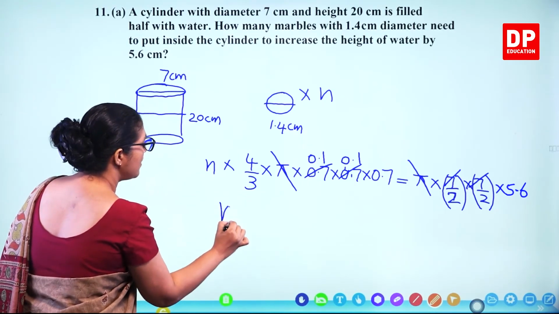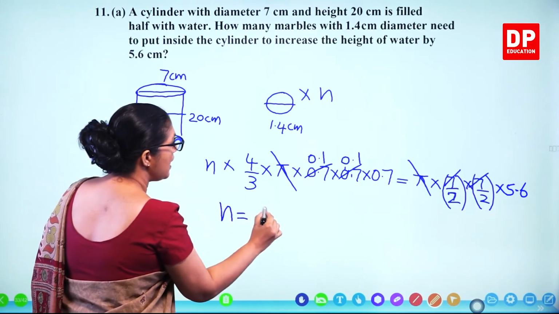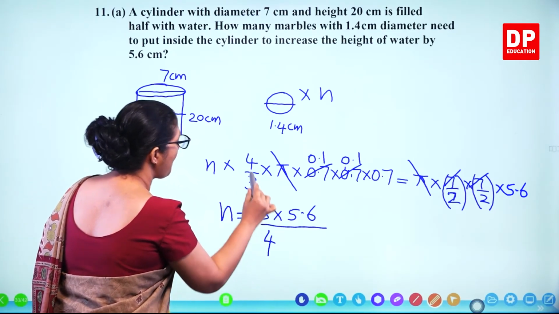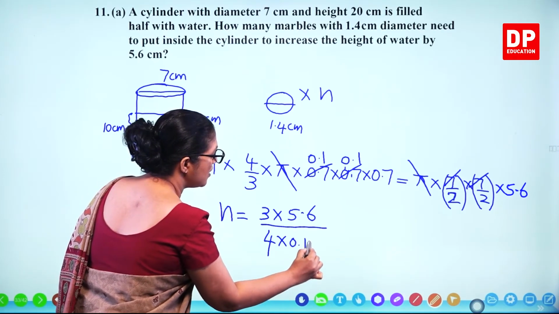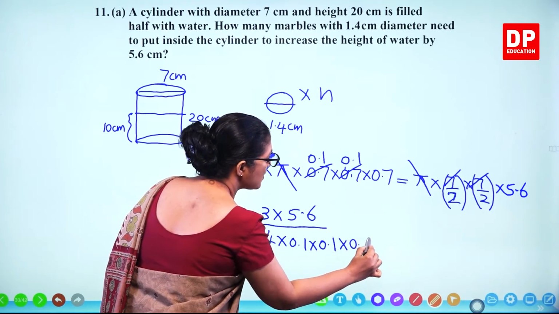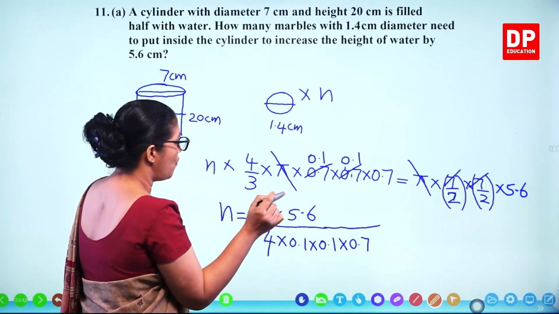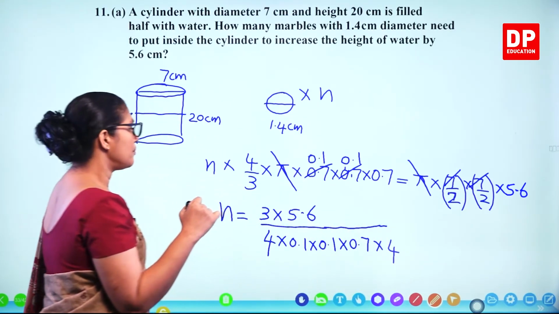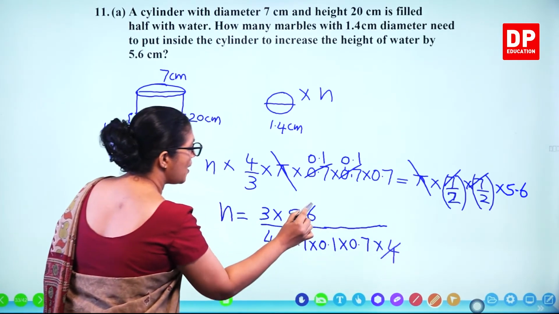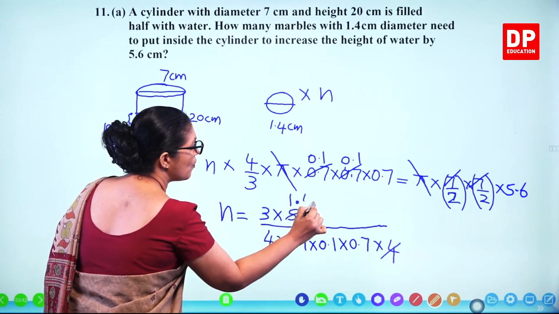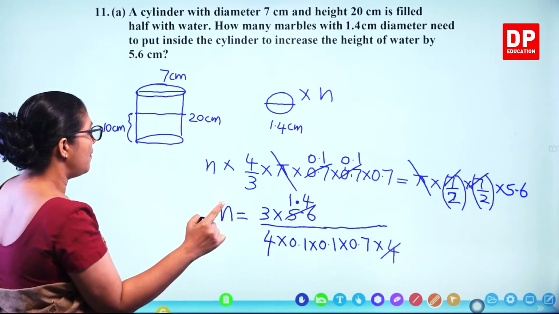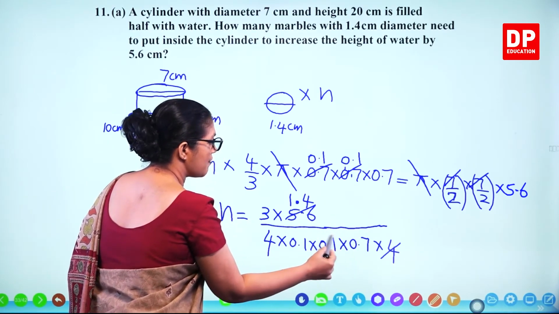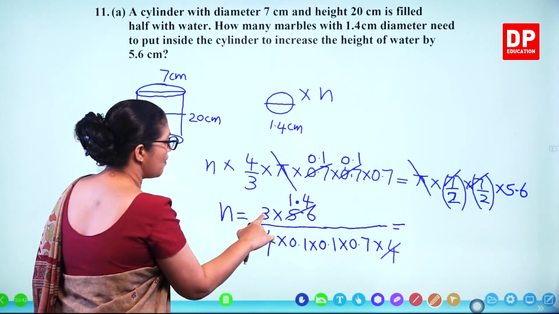Okay, so let's see what n is. N equals 3 times 5.6 divided by 4, here 4 comes, and 0.1, 0.7, and here 4 is already there. First we'll simplify this, 4 times 0.1 gives 1.4, and then 0.7. Now we'll remove the decimals.